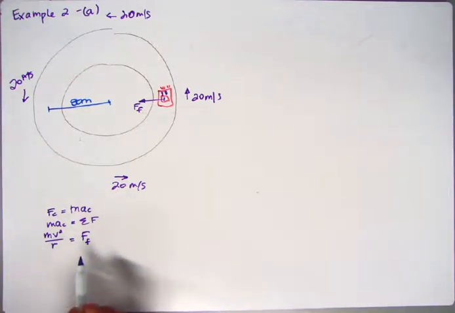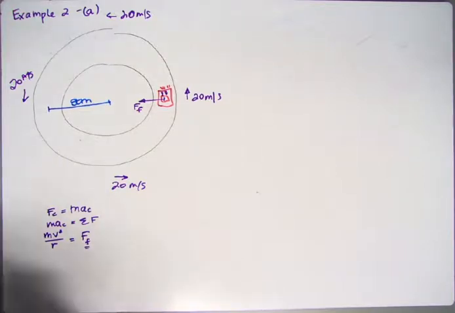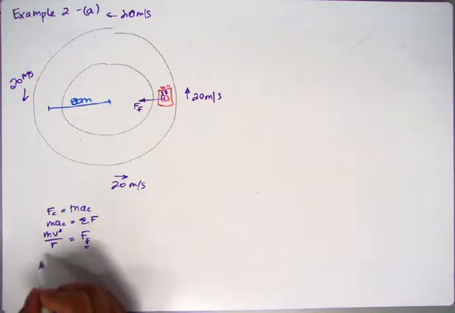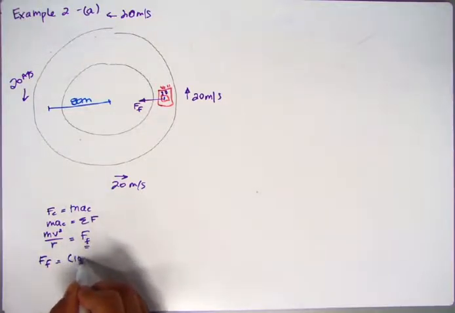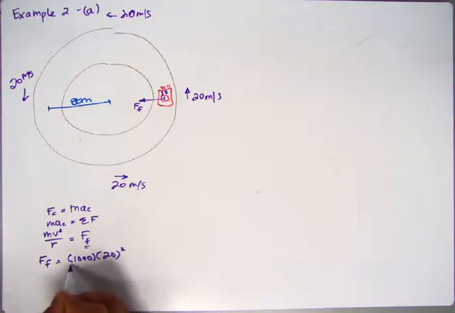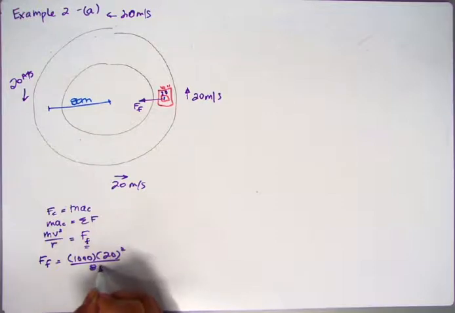Part A of A is asking us, there are a lot of A's in this question, what centripetal force must be supplied by friction. So they're basically asking us for the force of friction. To answer that question, we have to solve all this out. So the force of friction is equal to the mass, 1,000 kilograms, times the speed, 20 squared, divided by the radius of the turn.